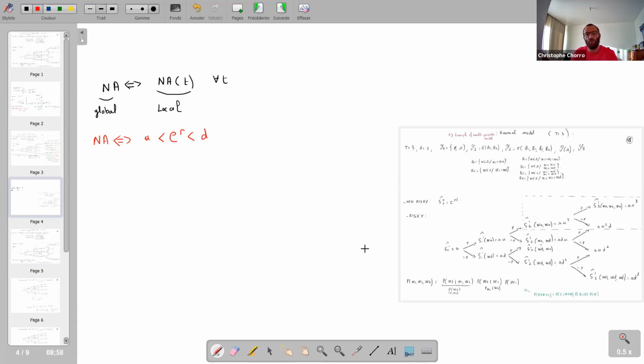So I have a very basic condition for no arbitrage opportunity, because all the submodels of size 1 here have the same characteristics.